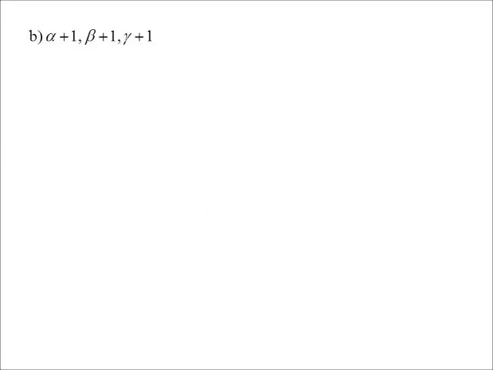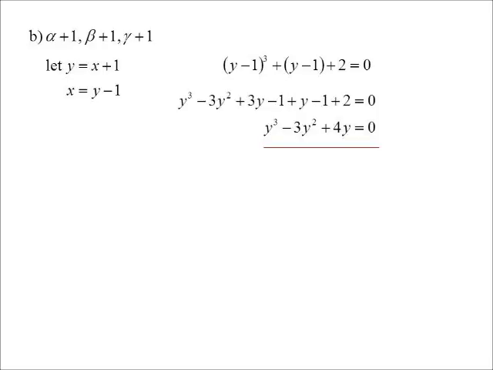If I'm just going to add 1 to each of the roots, so I let y equal x plus 1, I'm going to substitute in y minus 1. Technically that is already a polynomial, but let's make it look like one: expand out, collect like terms. There's my equation. Interesting. What was the solution to the original equation? Because straight away, without any further ado, I know a solution to this equation.